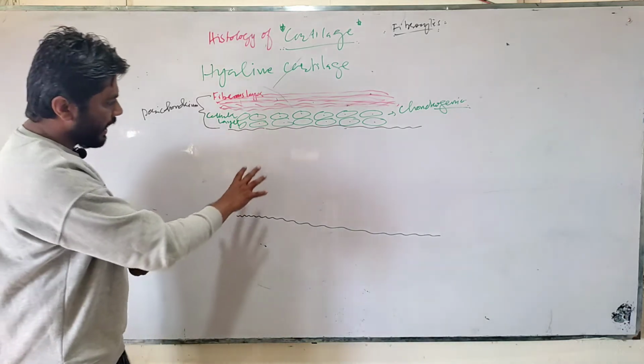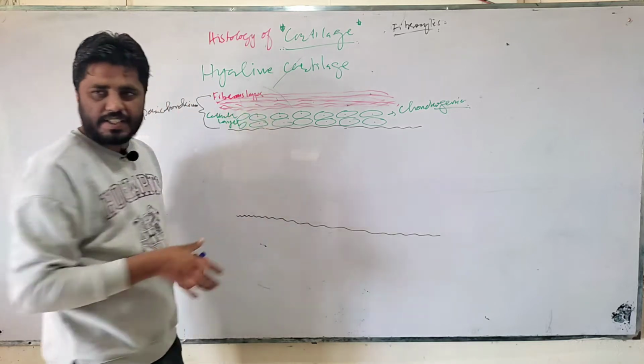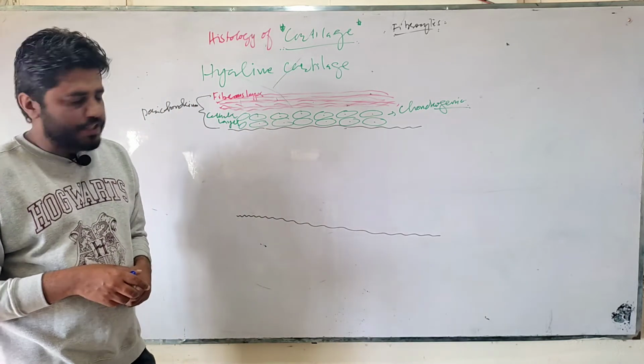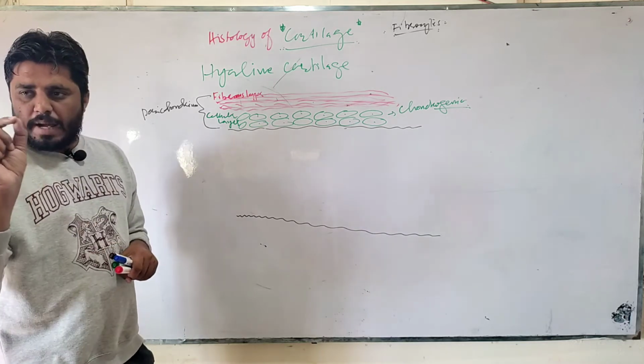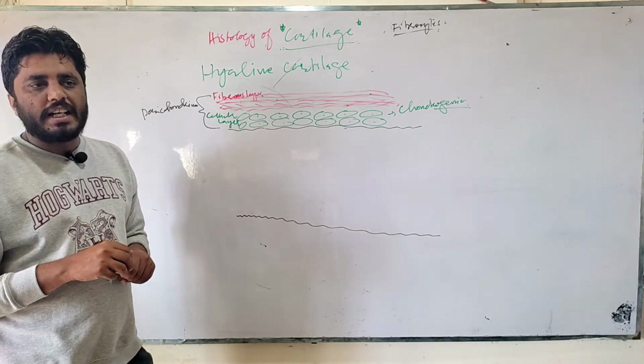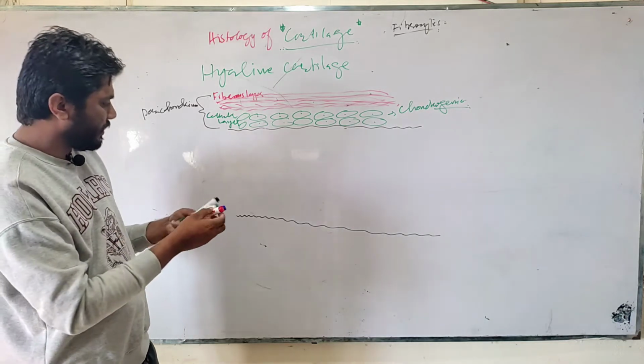Go to the next. This is your cartilage. One thing I want to tell you: like epithelial tissue, cartilage is also avascular. This is a characteristic of cartilage.